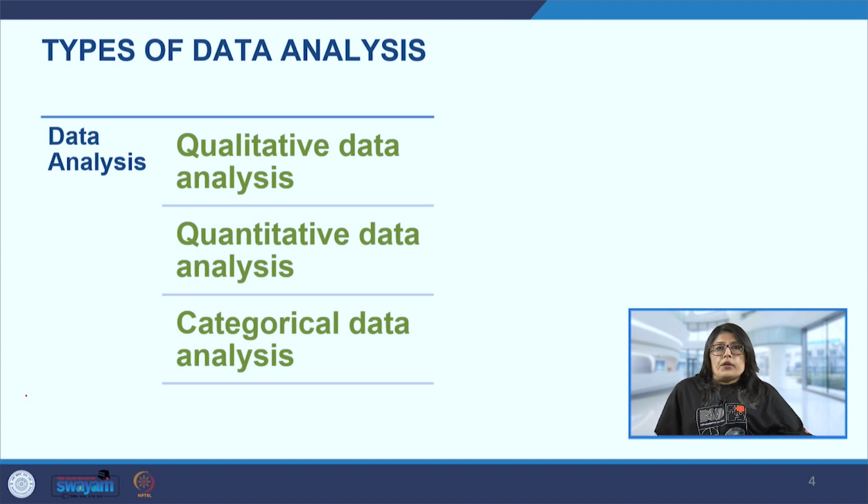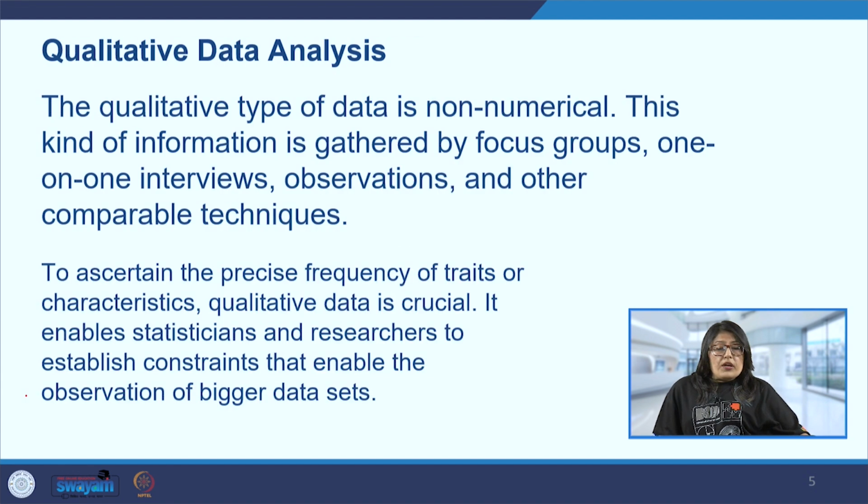Now data analysis, broadly, can be qualitative data analysis, quantitative data analysis and categorical data analysis. We have discussed qualitative and quantitative in previous lectures as well, and we know that qualitative data is data which does not have numbers. We do not have the quantity, it gives us the quality.